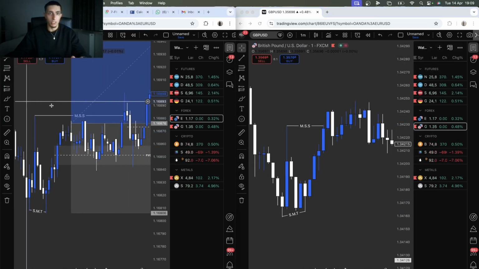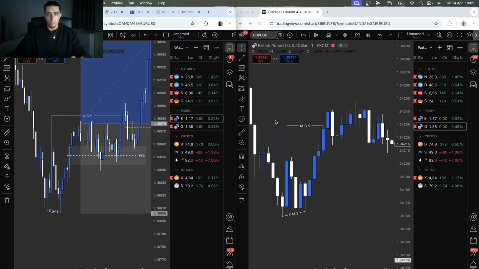Same as Euro USD right here. Now, on GBP USD, the market structure shift was created fairly quickly, but it took Euro USD quite some time. This can happen as well, but you need to make sure both pairs have market structure formed, right? Not just one of them. You have to make sure both of them have created a market structure shift.